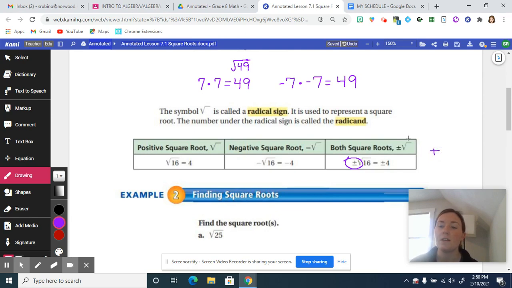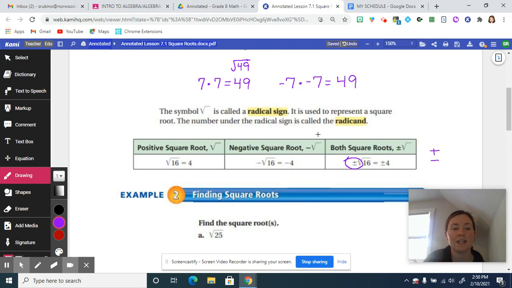A plus written above a minus sign is read as plus or minus. So we would say plus or minus the square root of 16, and your answer is plus or minus 4. That's how we read this notation.